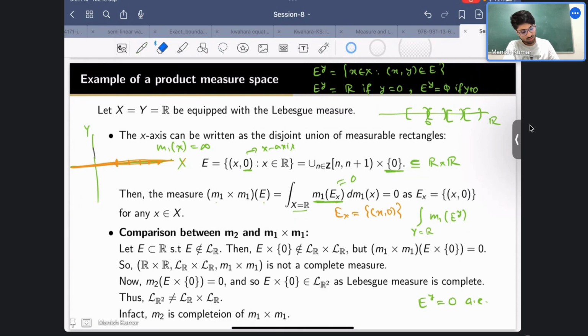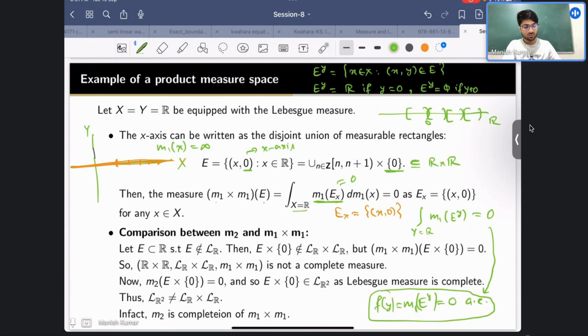I mean, if you consider m1 of Ey as a function of y, this measure will be 0 because Ey is phi. Ey is taking the value whole real line if y is 0, which is just one point. So m1 of Ey is 0 almost everywhere, and so this integration is 0, right? Whatever way you go through, you will get that this integration is 0. That means this product measure of E is 0.